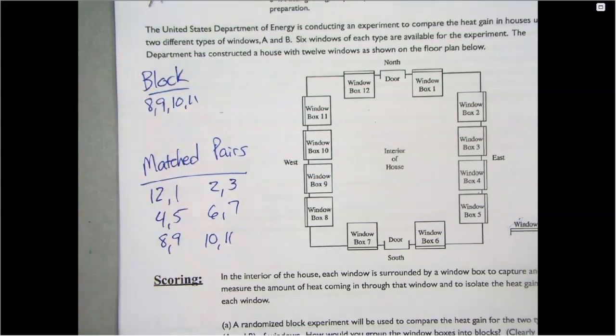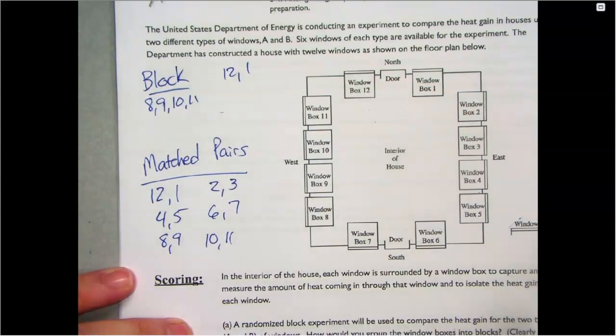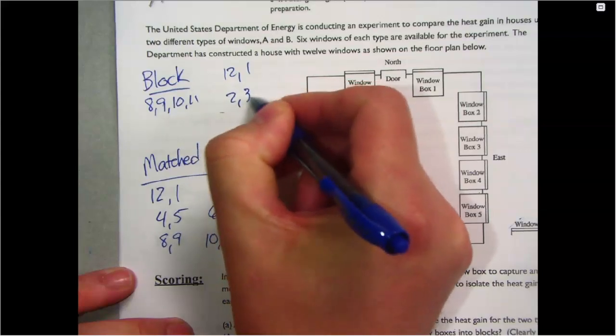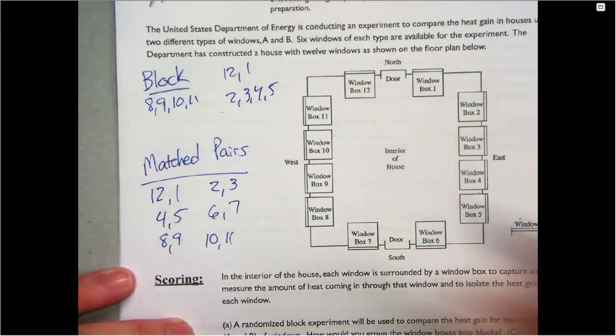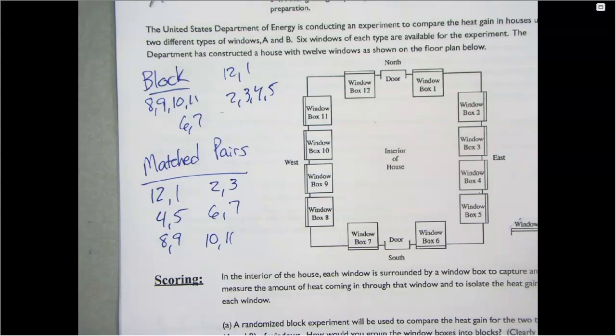Because that's the only difference, because they're all facing the same direction. And then 12 and 1 could be a block. 2, 3, 4, 5. And 6 and 7. So they are the same idea. It's just pairs are groups of 2 and blocks are bigger.